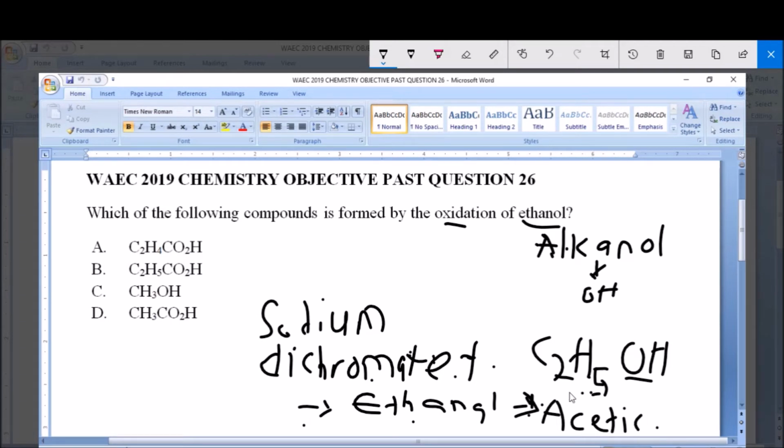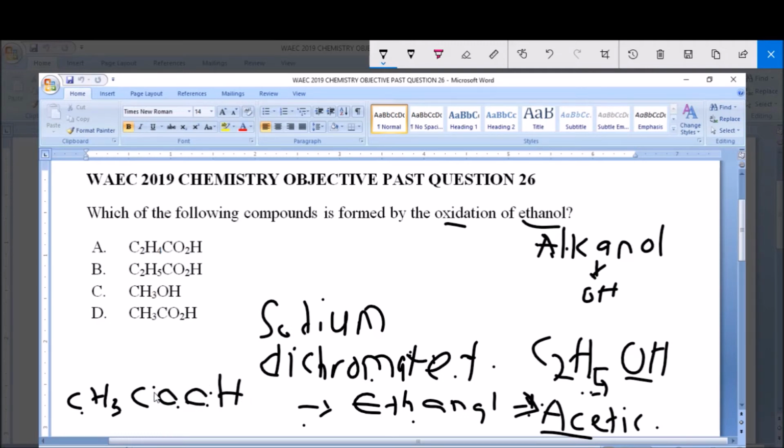Now, acetic acid is also known as ethanoic acid and is represented by the formula CH3COOH.